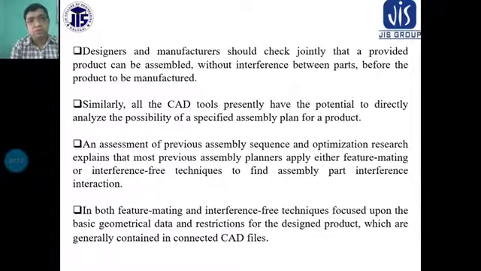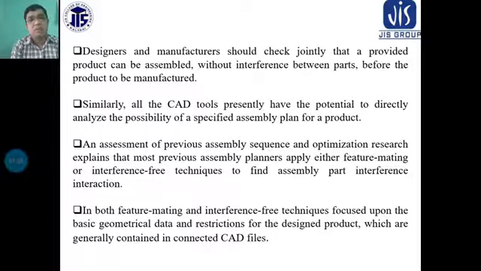Research on previous assembly sequence assessment and optimization explains that most previous assembly planners apply either the feature-mating or the interference-free technique to find assembly parts.